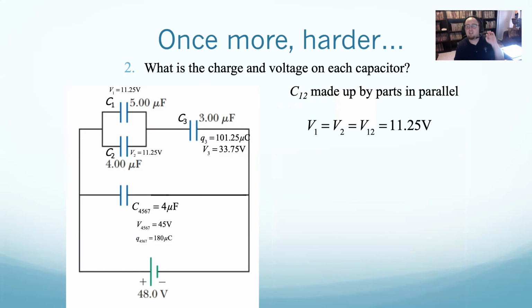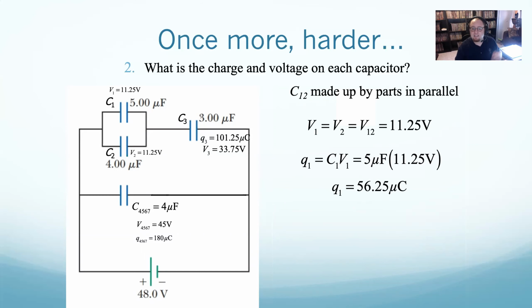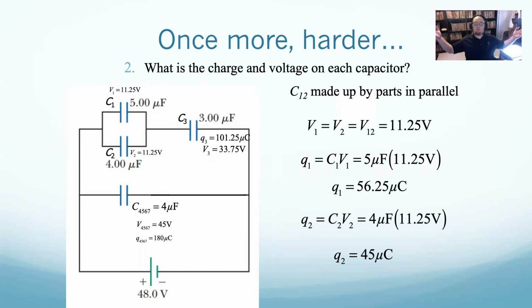Side note, these slides sucked to make in PowerPoint. And I know the voltage on both. If I know the voltage on both, I can pretty easily get the charge on both because Q equals CV. And there you go. I now know the charge and voltage on 1, 2, and 3.